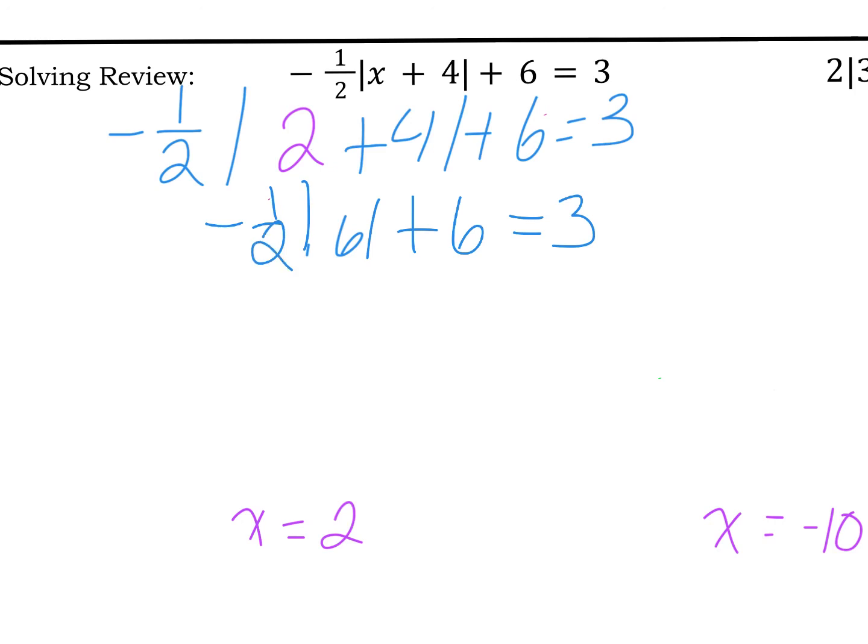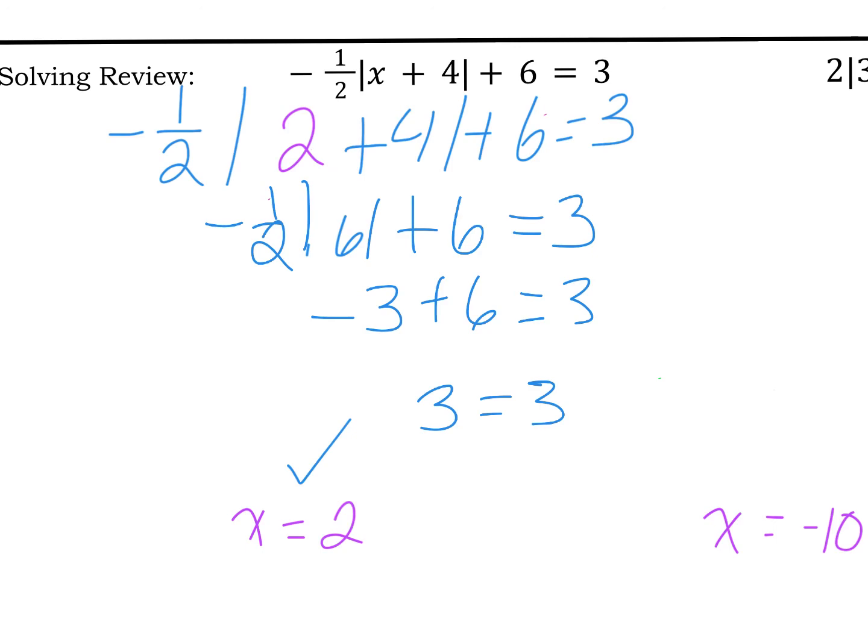So now we need to take half of 6, but remember it's negative 1/2 times 6, which is negative 3 plus 6 and equal to 3. So it's negative 3 plus 6 is 3, and that makes it a true statement. 3 is equal to 3, so that is the solution.